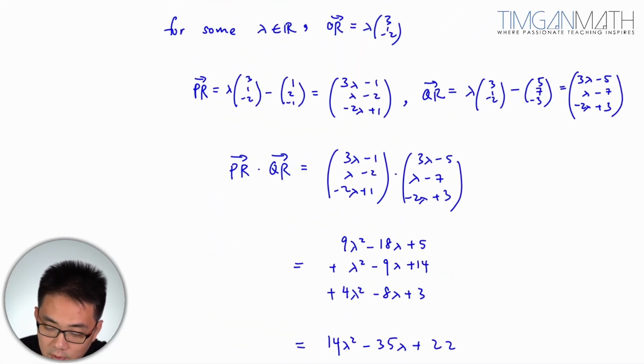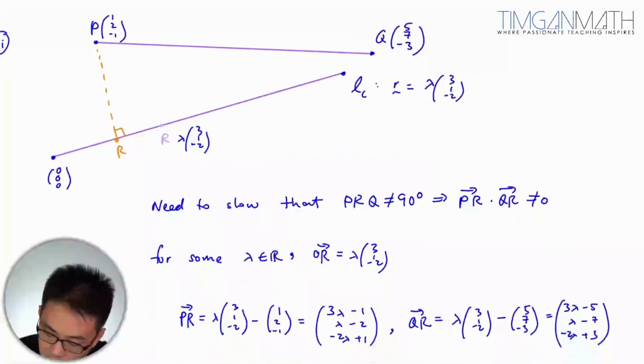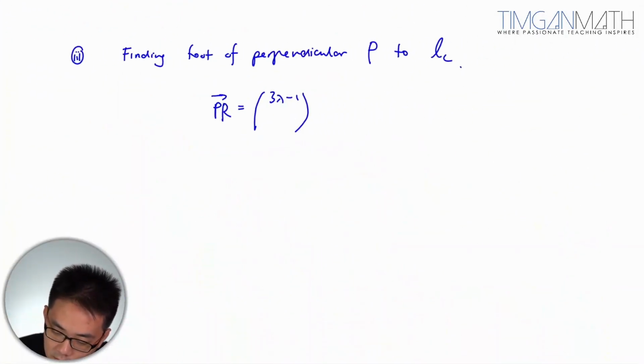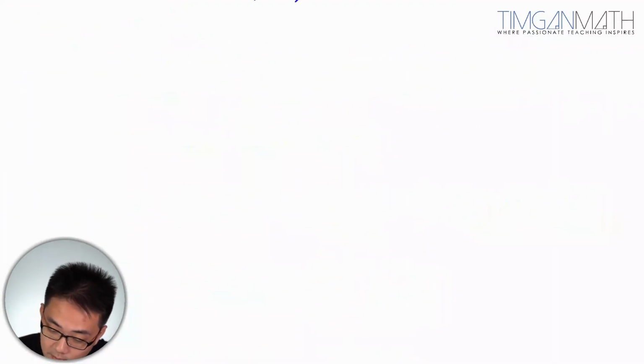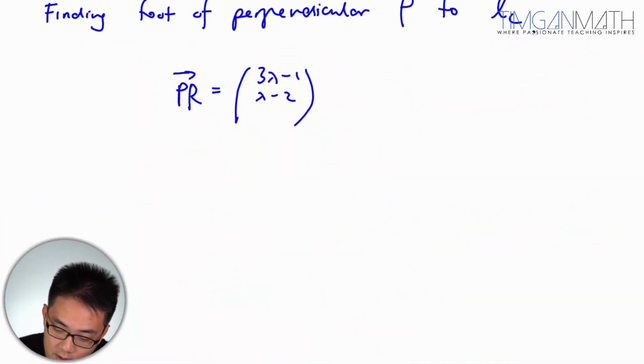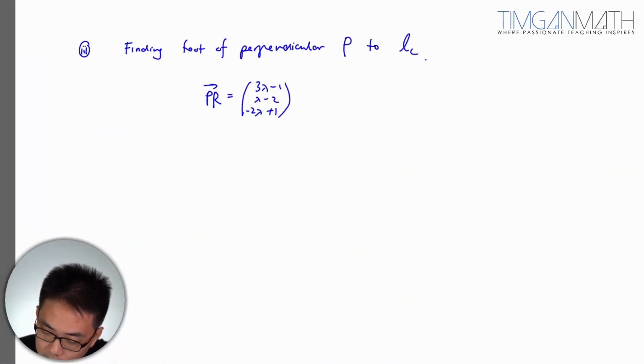PR is (3 lambda minus 1, lambda minus 2, negative 2 lambda plus 1). Okay, great.